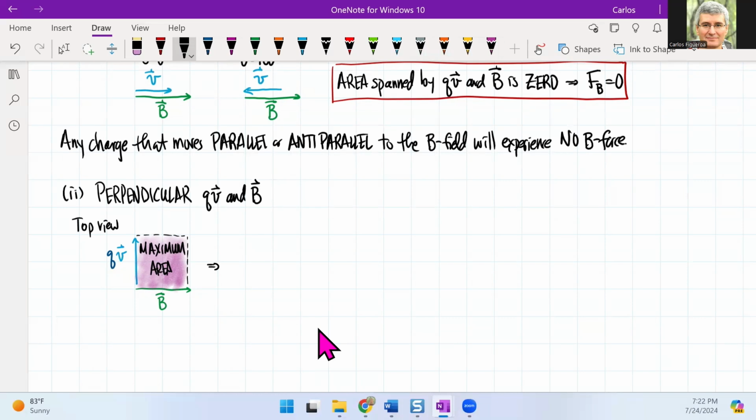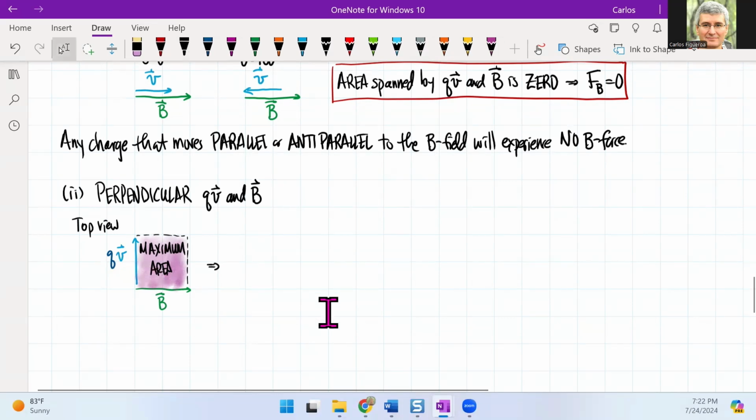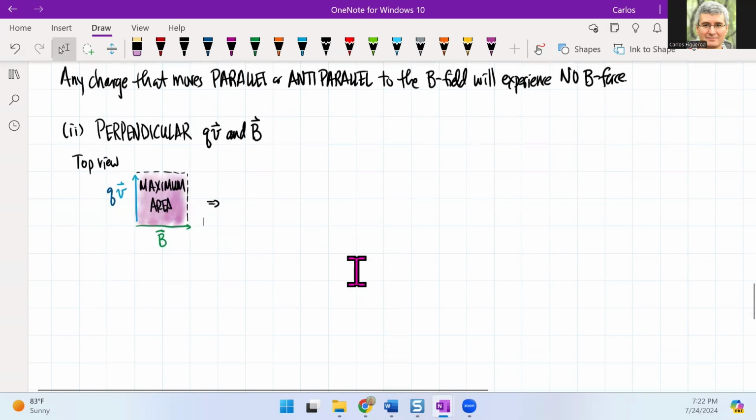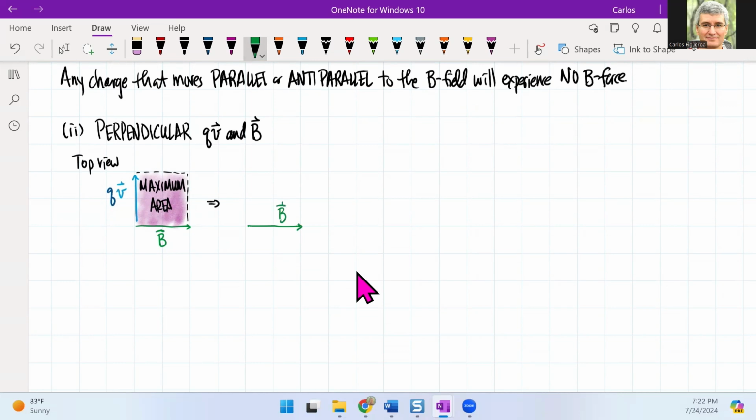So picture-wise, if I now show what I mean by these vectors, I have a magnetic field that's going to point here. And if I look at my vector here, we know that this vector has to be given by this quantity right here. So this area then has to be maximum area.